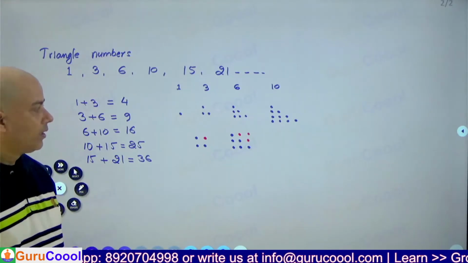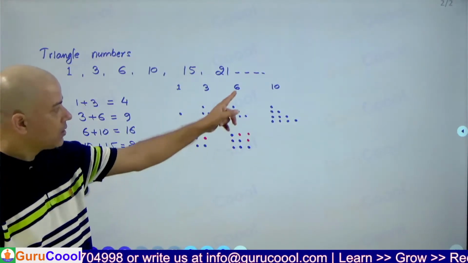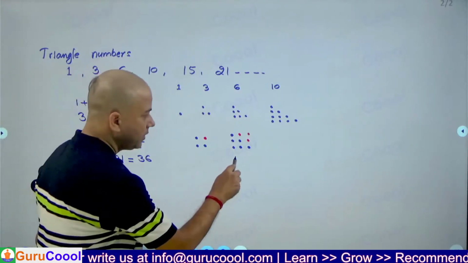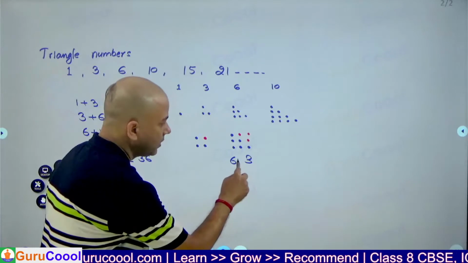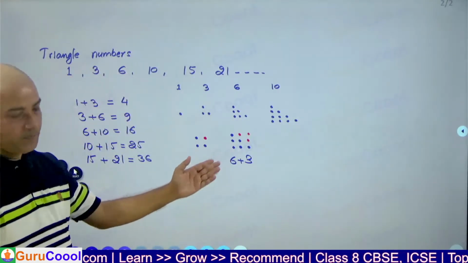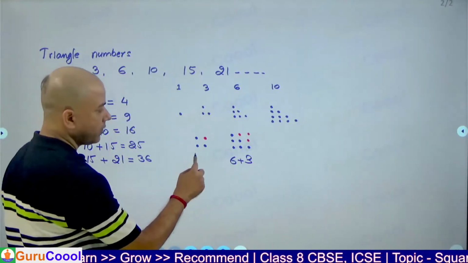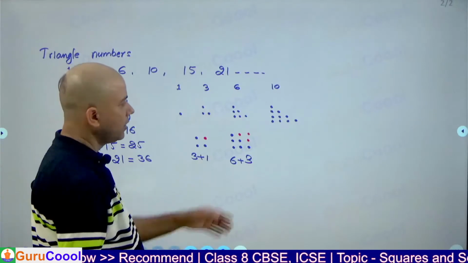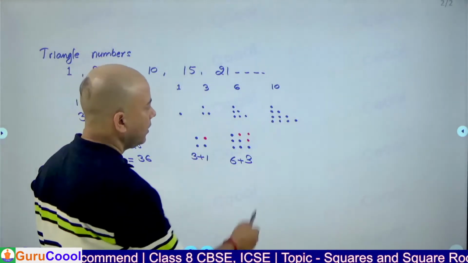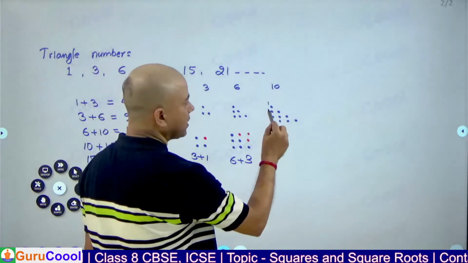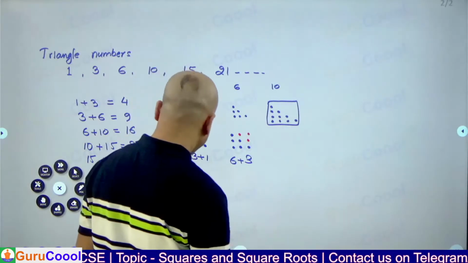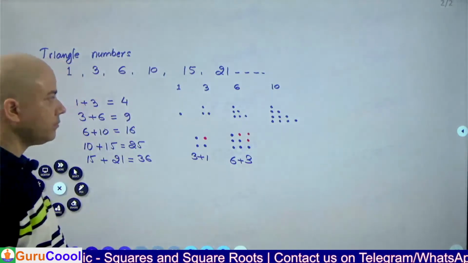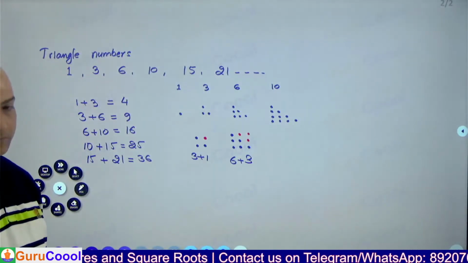So I took 6 dots. 6 is a triangle number. Then I took 3 dots. 3 is another triangle number. And a square completed. In this one it was 3 plus 1. Now let's take 10. What do you think? How many extra dots we put here to complete the square? Sir, 6.